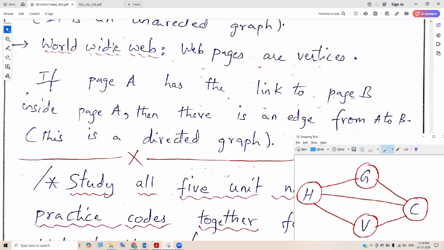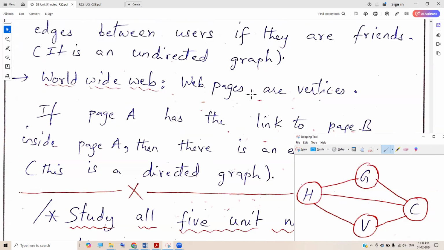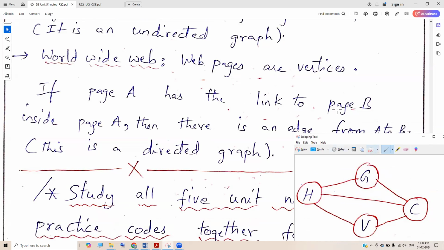The World Wide Web is an application of graphs, and such an application is a directed graph. Let us say we have page A, and inside page A, we have a link which takes us to page B. It doesn't mean that page B should have a link back to A. Such an example is the directed graph.